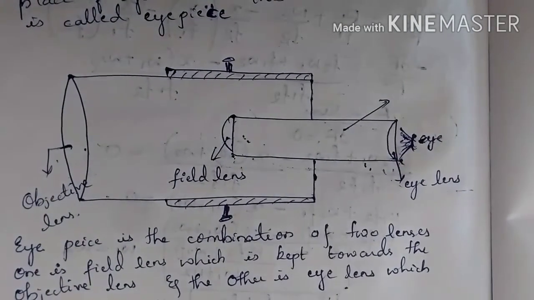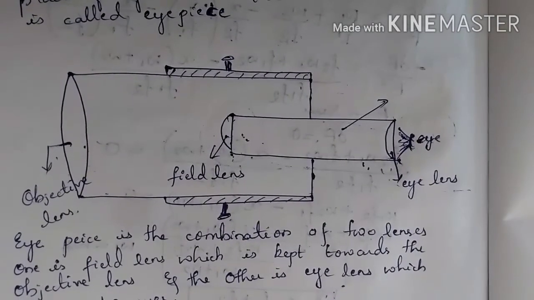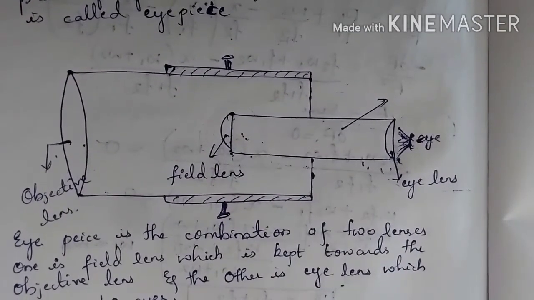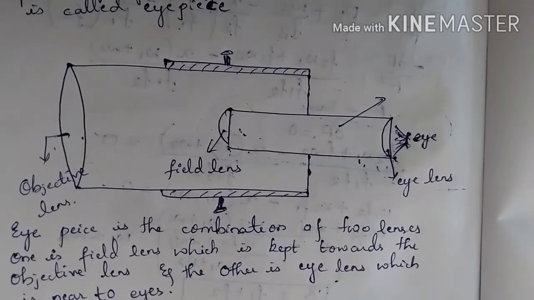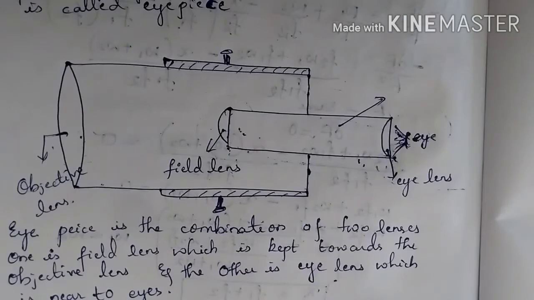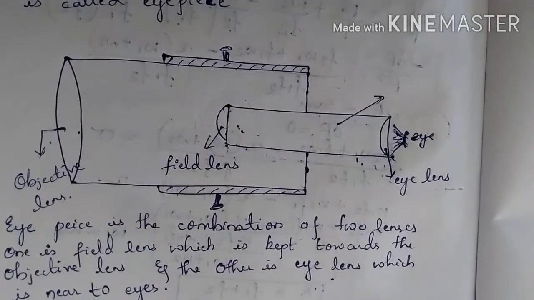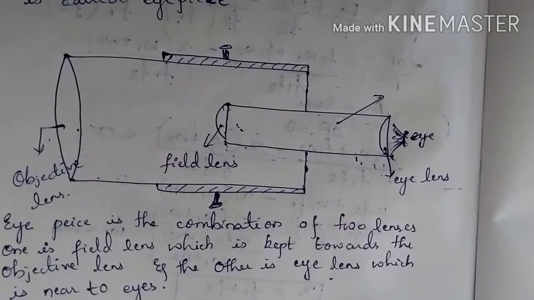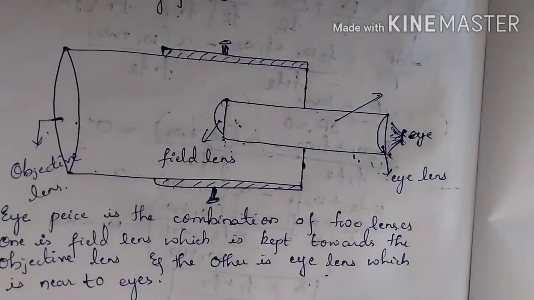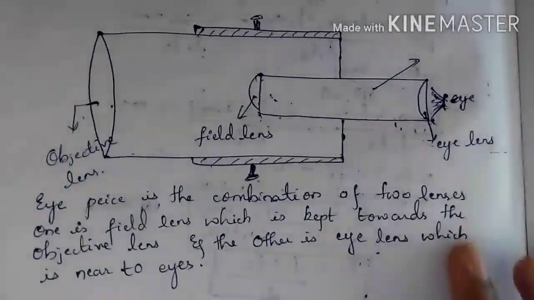In the next section, let us learn the different types of eyepiece that are possible, the construction of the eyepiece, and what kind of image will be formed by the different eyepieces. There are basically two eyepieces, Ramsden's eyepiece and Huygens eyepiece, which are given in your textbook.